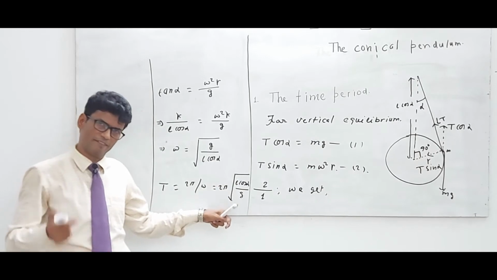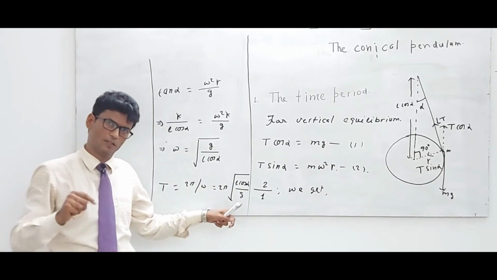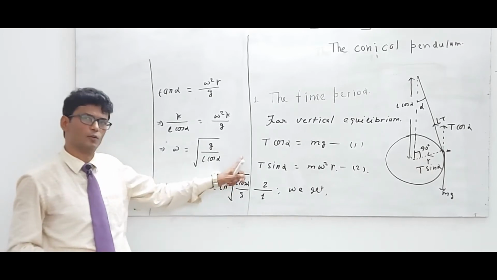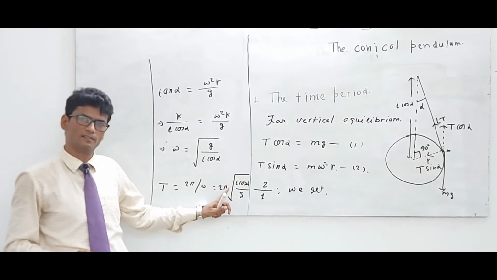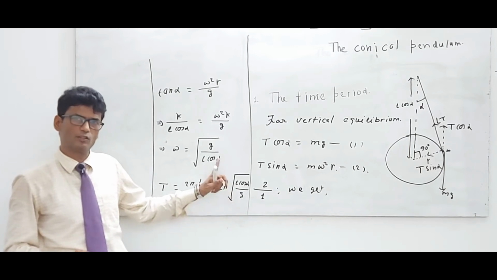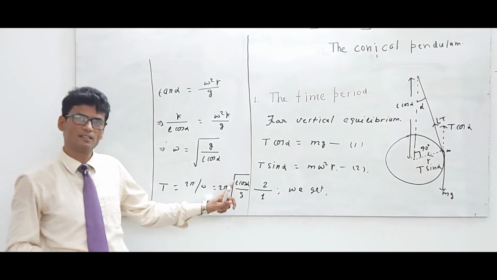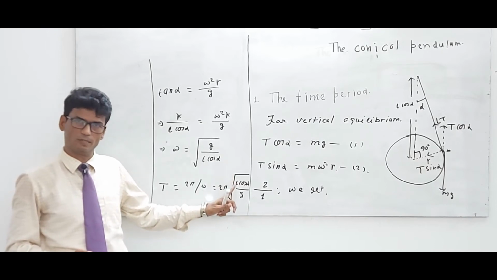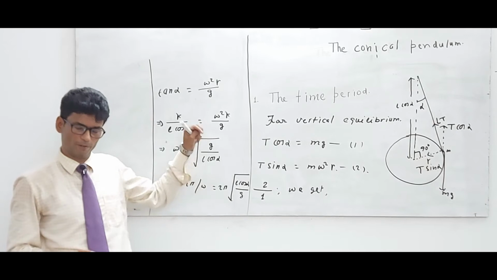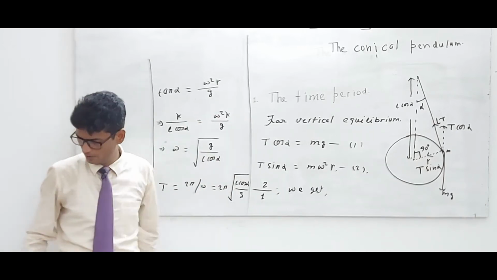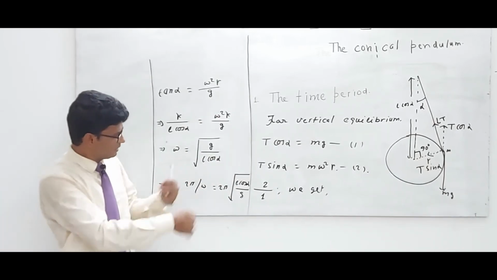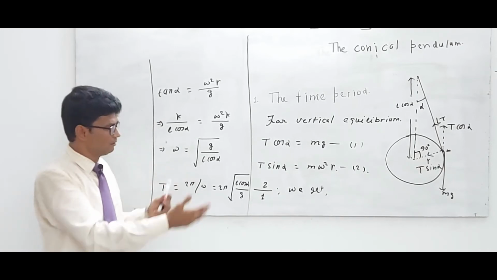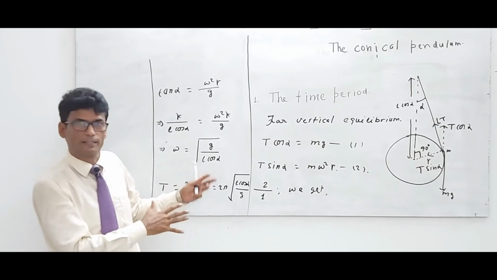Because we have derived the time period of the simple pendulum as 2 pi under root L over g. However, this is the case when the length of the string is very small compared to the radius of the earth, and the experiment is performed near the surface of the earth. So we are just recalling these things to connect what we have read up to now on the types of pendulum.